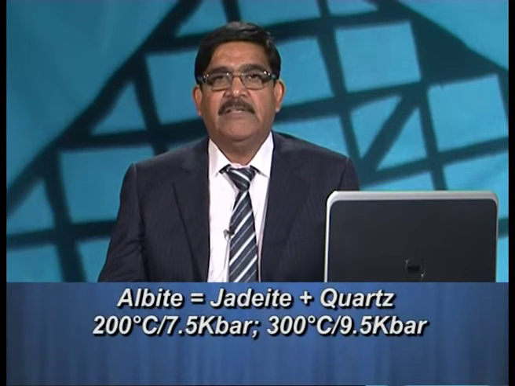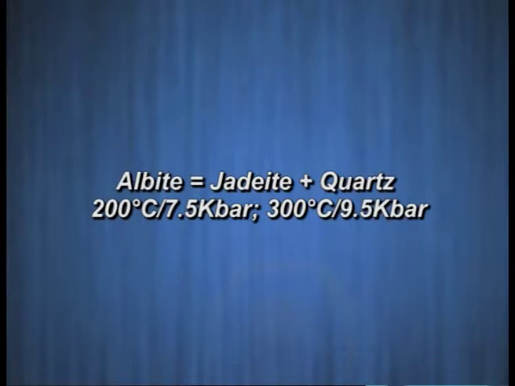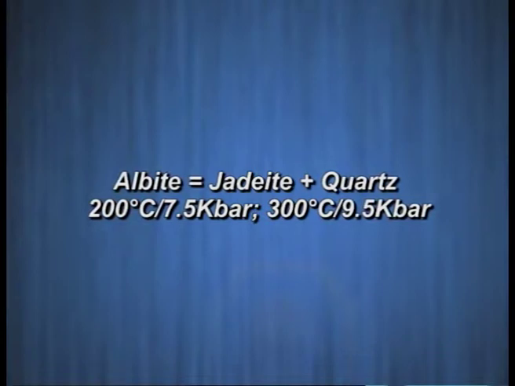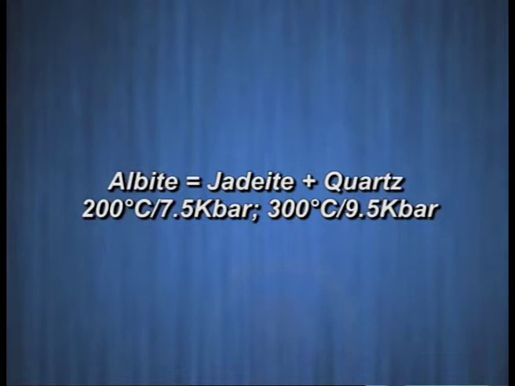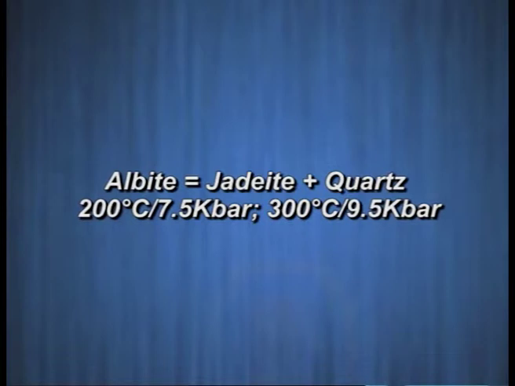The upper pressure limit may be given by the reaction albite giving rise to jadeite plus quartz, which occurs at 200 degrees centigrade, 7.5 kilobar, 300 degrees centigrade, 9.5 kilobar. Another important reaction is chlorite plus albite giving rise to glaucophane, carried out by Rover in 1972.